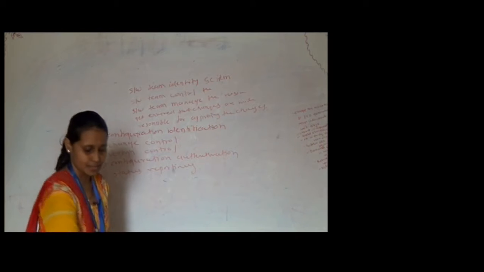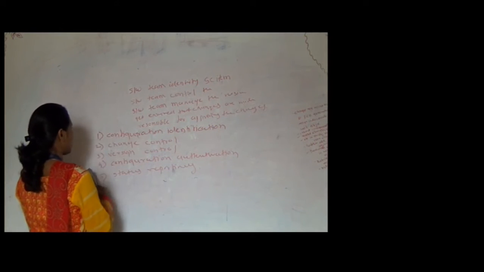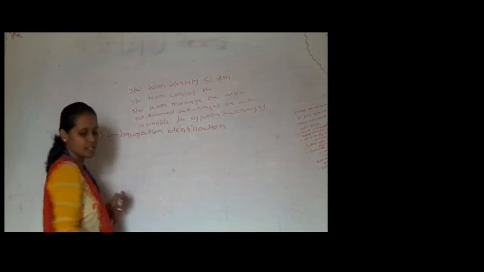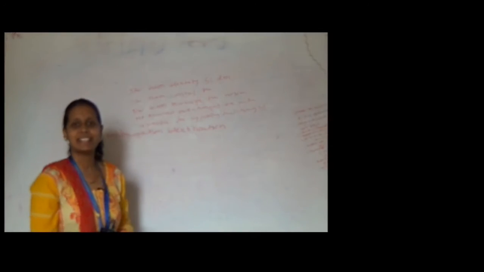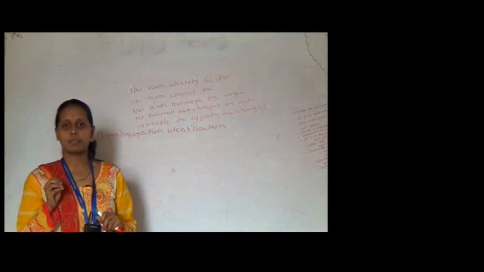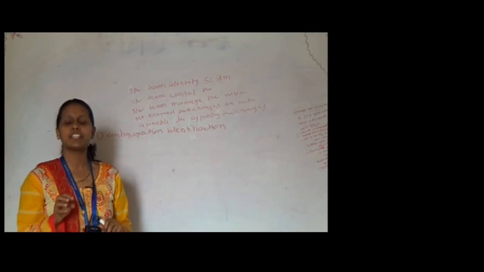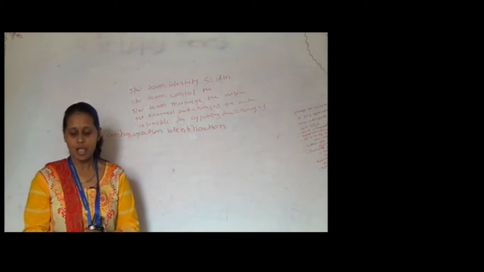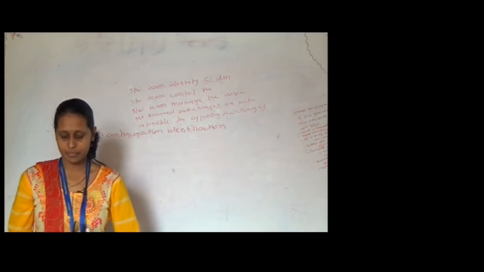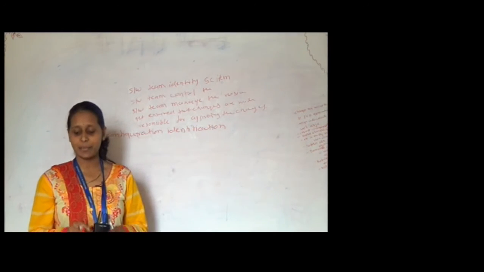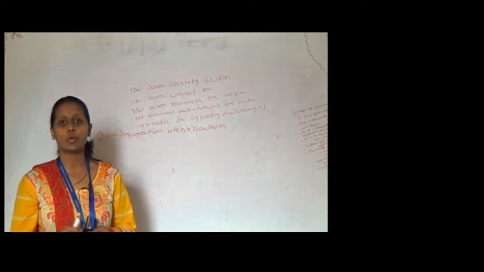Now first, identification of configuration. Here first we have to identify basic objects in your system which are named and described. These objects must be arranged using an object oriented approach.